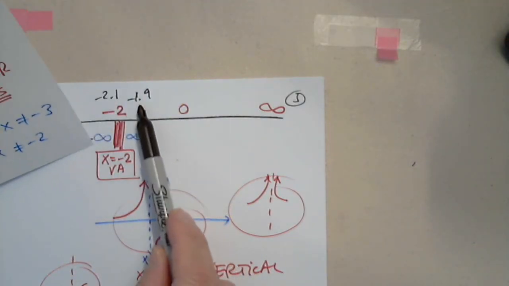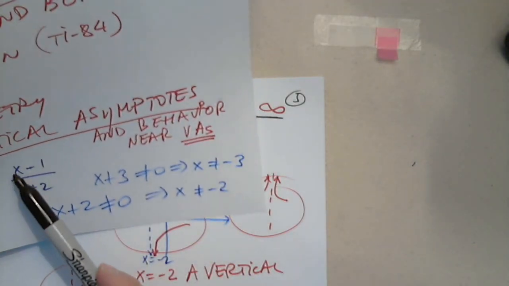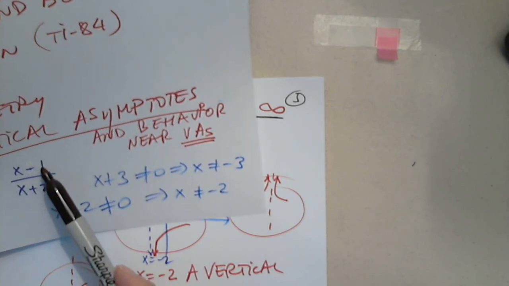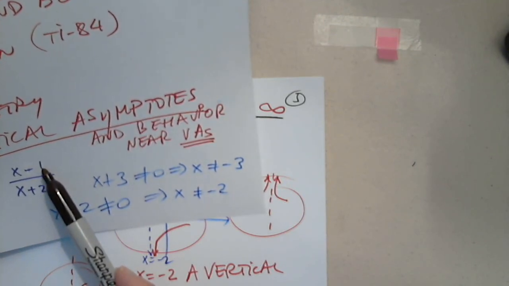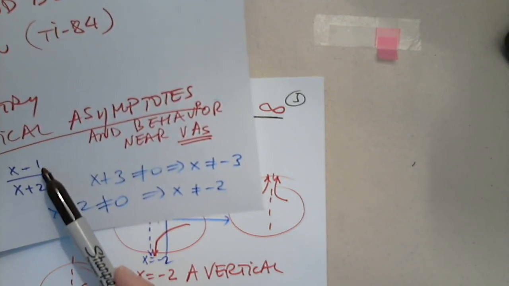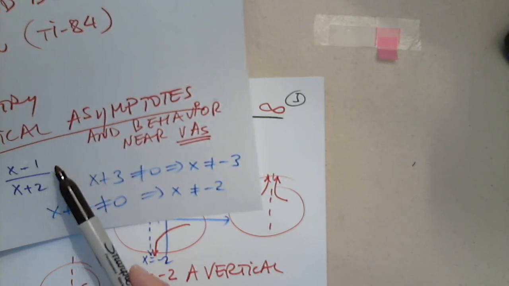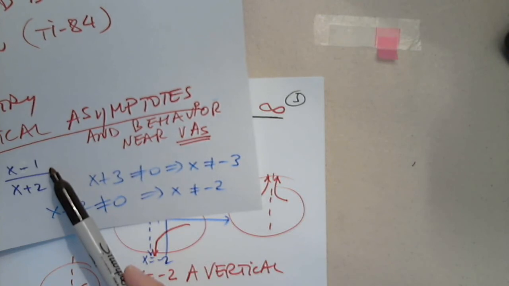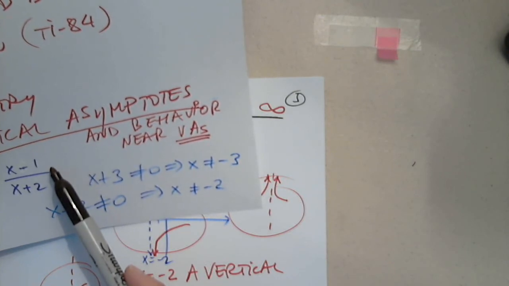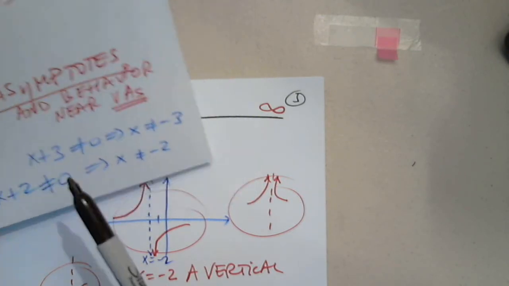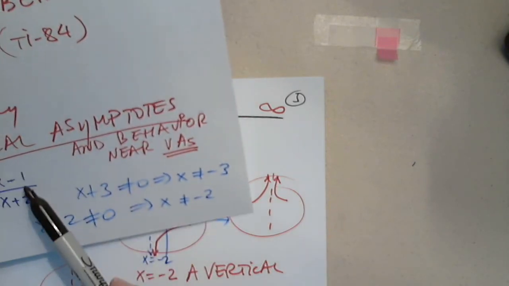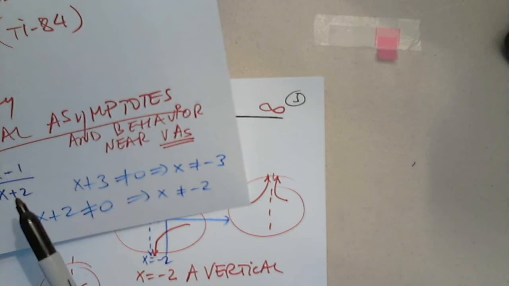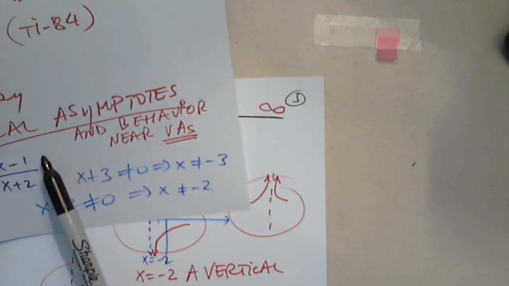Okay, let's plug in negative 1.9. Negative 1.9 minus 1. What will that sign be? I have 2 negative numbers, so it has to be negative, right?